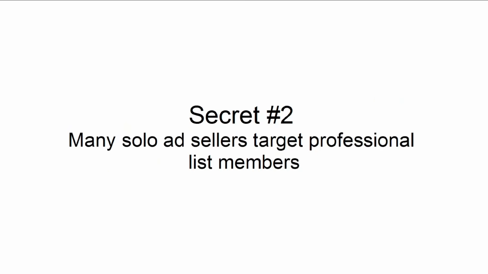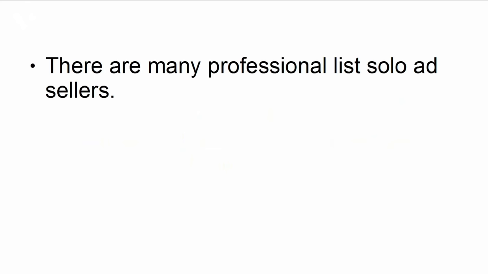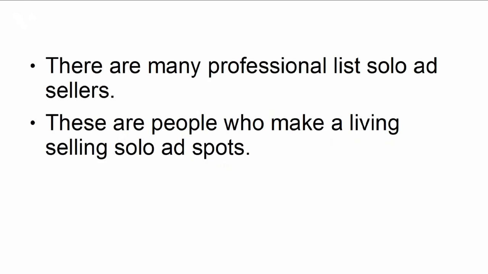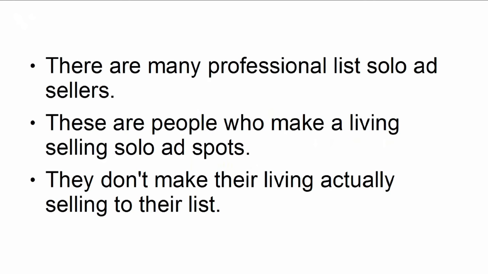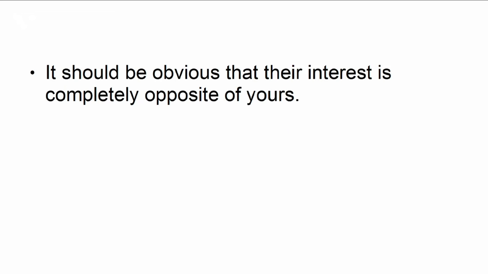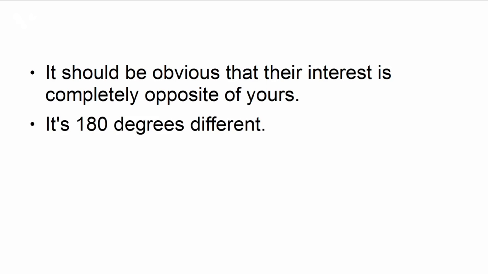Secret number 2. Many solo ad sellers target professional list members. There are many professional list solo ad sellers. These are people who make a living selling solo ad spots. They don't make their living actually selling to their list. It should be obvious that their interest is completely opposite of yours. It's a 180-degree difference.